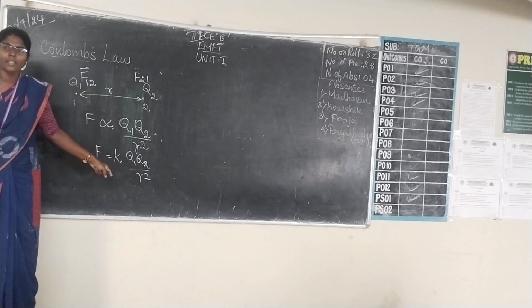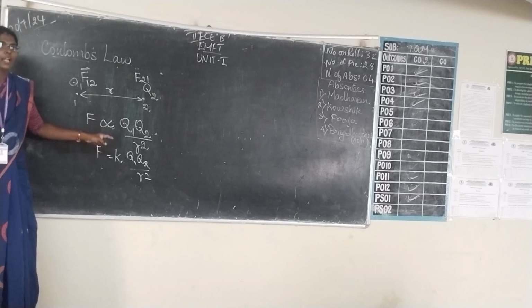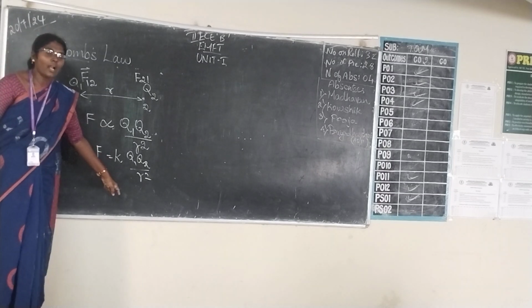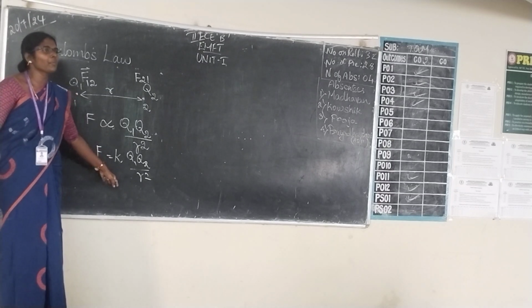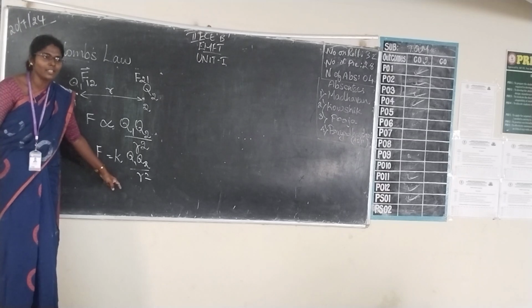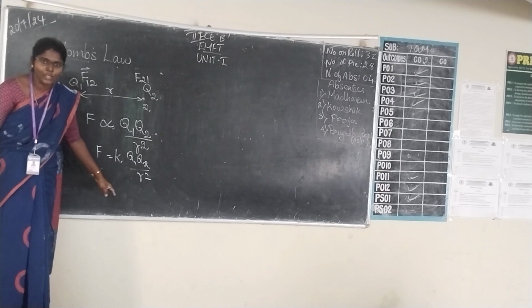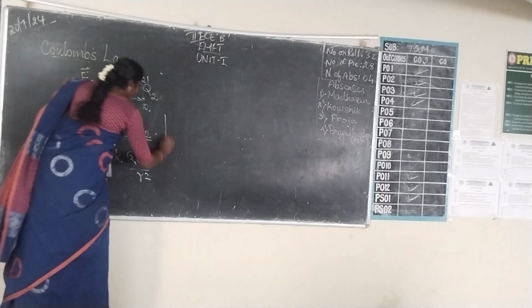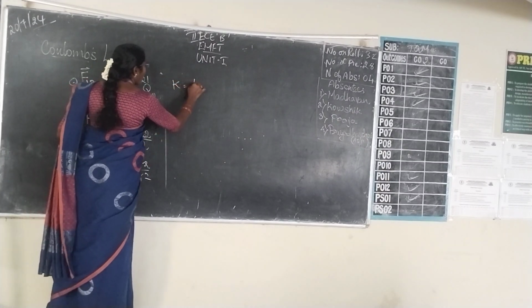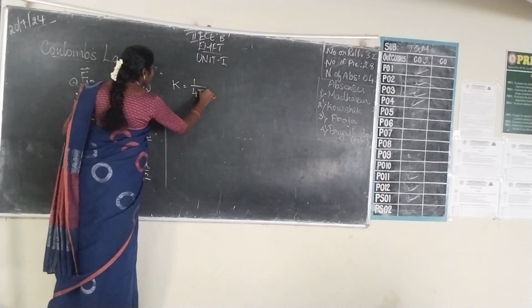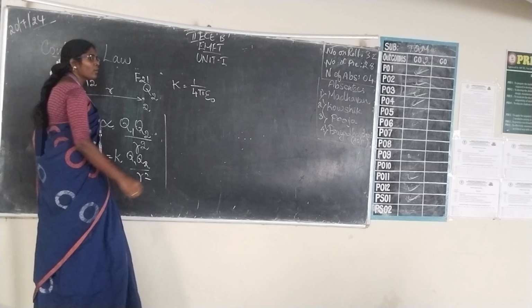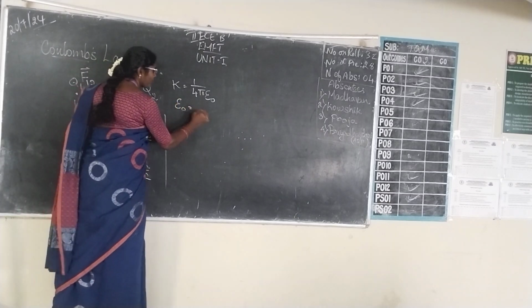What is K called? The proportionality constant, which is already derived and given by the scientist. K is equal to 1 by 4 pi epsilon naught. And what is epsilon naught here?